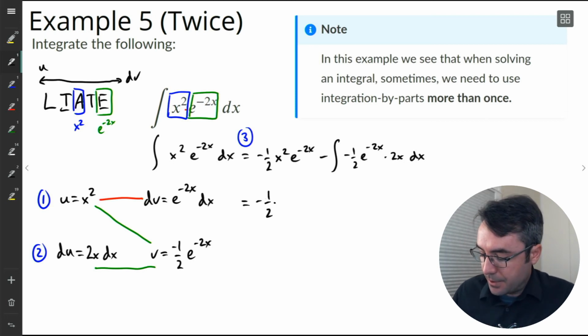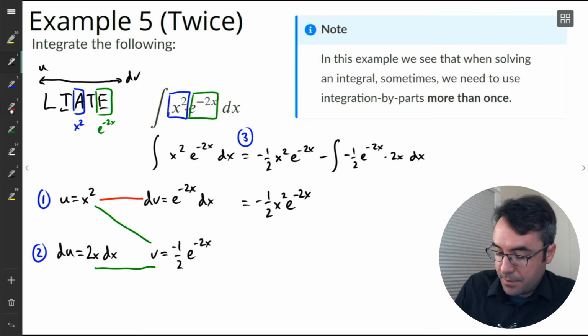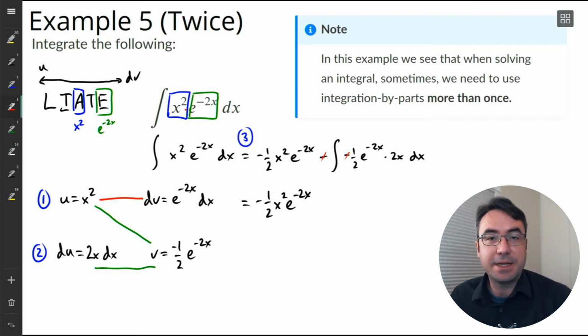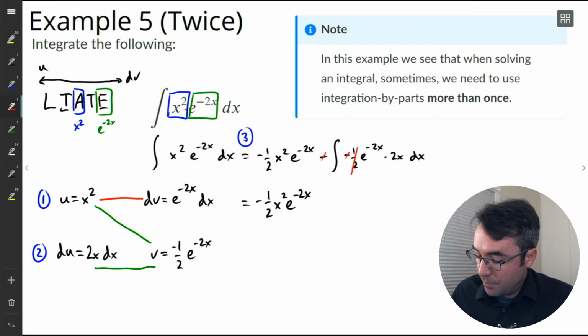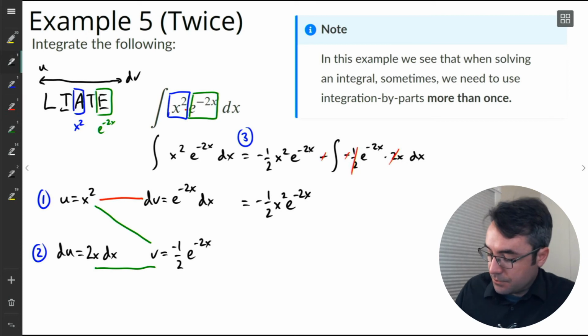And that's what we're going to do. We're going to have this piece, which we're done with. That's not going to change at all. We end up with a double negative here, so those are really just going to cancel, become just a positive. And then we also have a 1/2 and a 2, so those are going to cancel. So this remaining integral is going to become the integral of x e to the negative 2x.